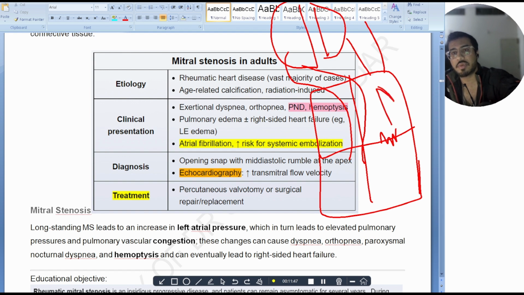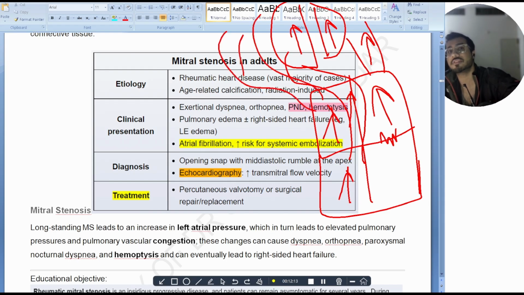So pressure is going to be up in the pulmonary veins, and up in the pulmonary capillary wedge pressure, that is the capillary bed in the lungs. The pressure is going to go up in the pulmonary artery, and the pressure is going to go up in the right ventricle and in the right atrium, and you might even see jugular venous distension.